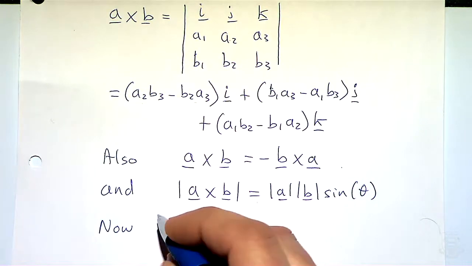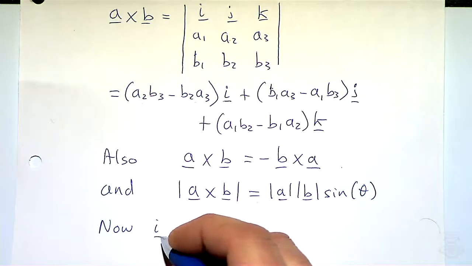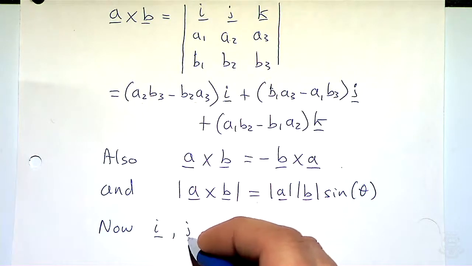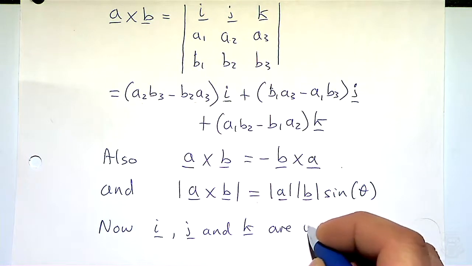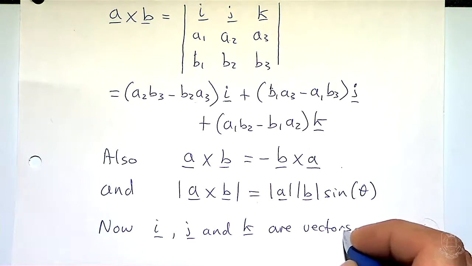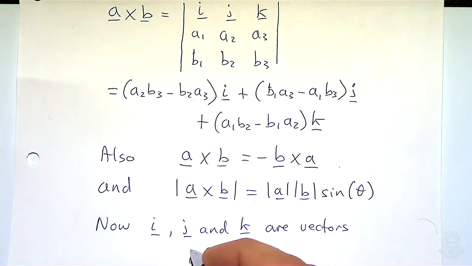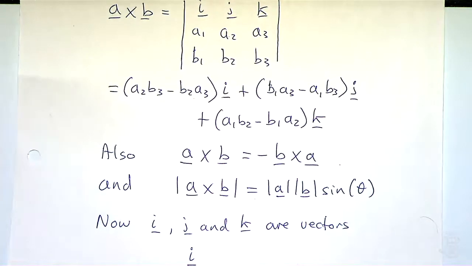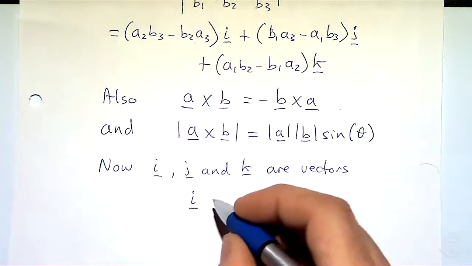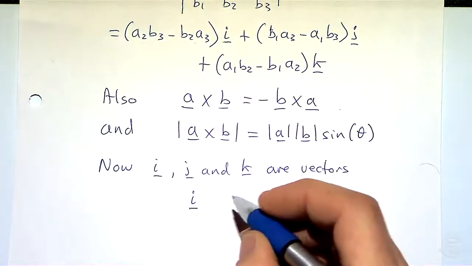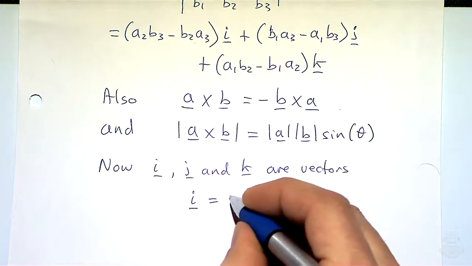Now the I, J, and K are vectors. And specifically, what are they? Well, they create a Euclidean three-dimensional space, don't they? So they're the vectors.